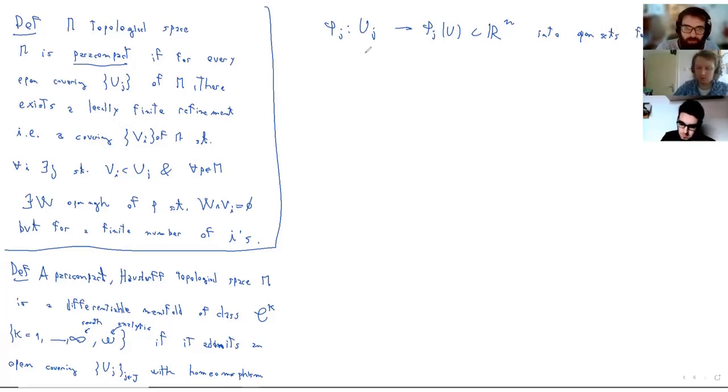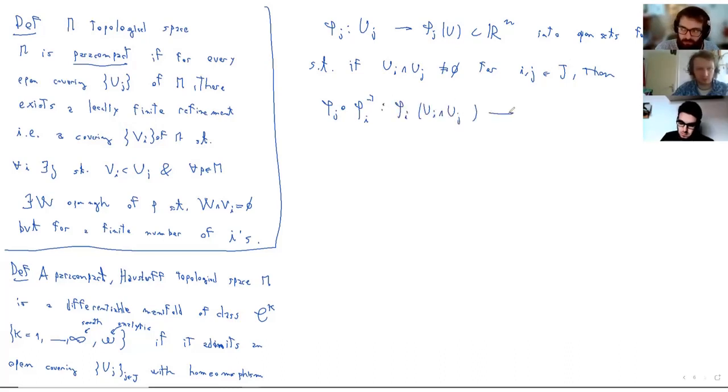And furthermore, we ask that if U_i intersect U_j is non-empty for i and j, then this map phi_j composed phi_i inverse, which goes from phi_i of the intersection into phi_j of the intersection, is C^k. Yes, the same k that we have here.